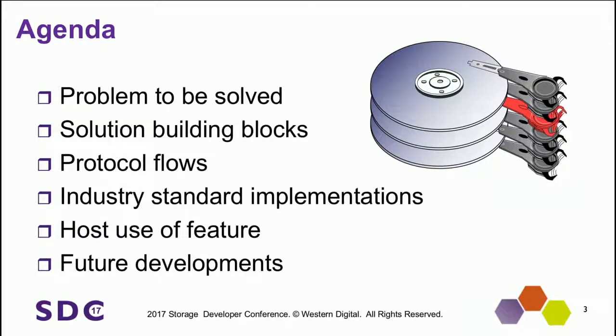And we'll look at industry standard implementations. Again, as I mentioned, both T10, the SCSI committee, and T13, the ATA committee, have incorporated this feature in the recent version of their standards. We'll look at how a host might make use of this feature, and then talk about what some future developments in this area might be.